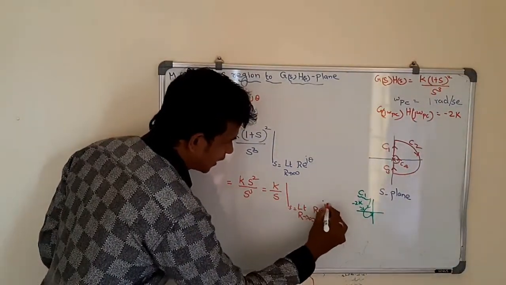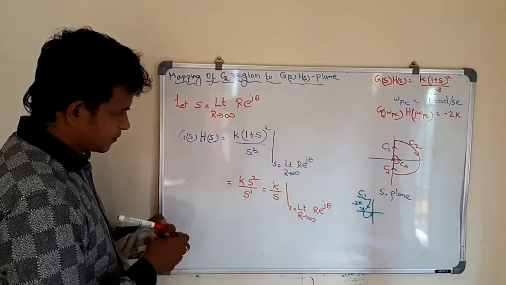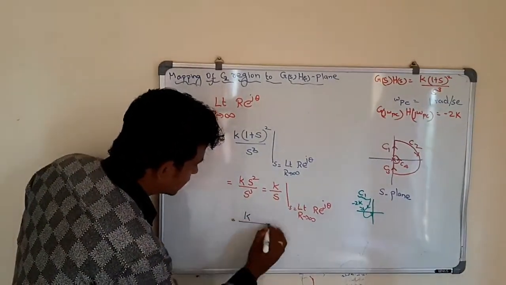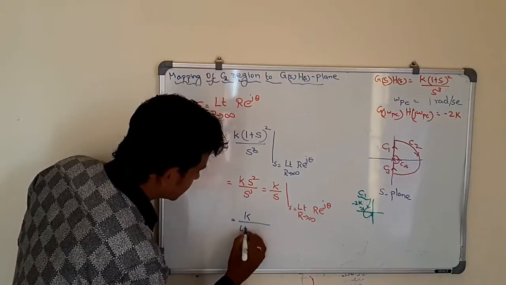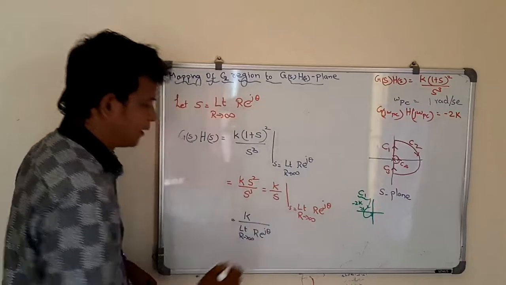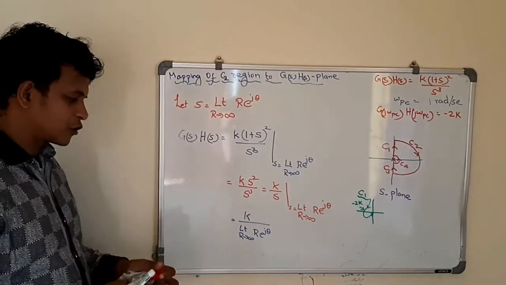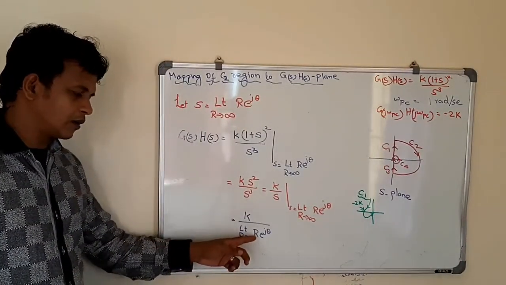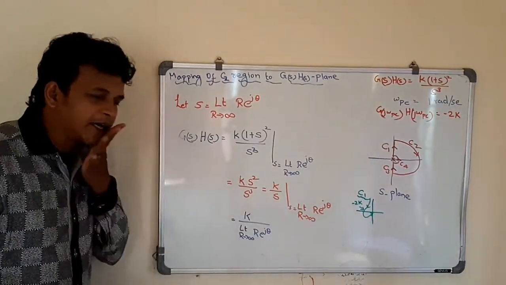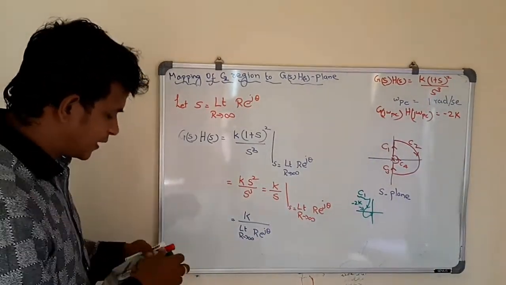So this can be written as k divided by limit r tends to infinity r into e power j theta. And when I substitute infinity instead of r, it becomes k divided by infinity. K divided by infinity is 0. So the magnitude becomes 0.